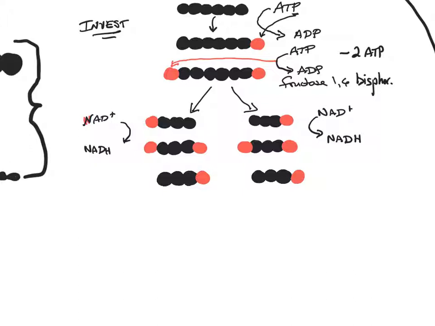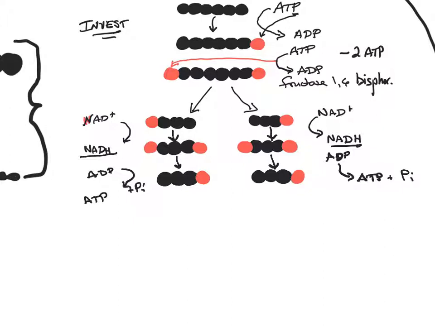In the first step, you get some NADH. In the next step, we're going to remove a phosphate, and that is going to allow us to harvest the energy in a molecule of ATP on each side. That's ADP going to ATP, with the phosphate that comes off, plus inorganic phosphate.